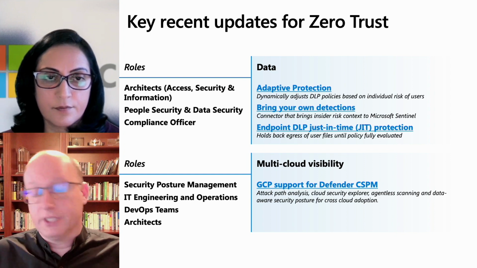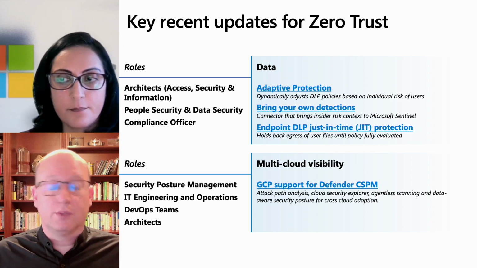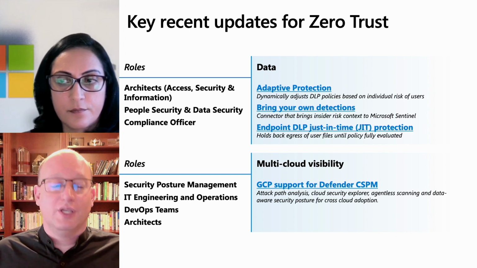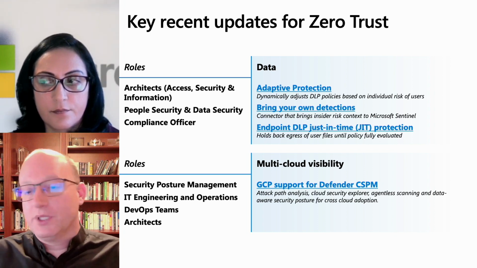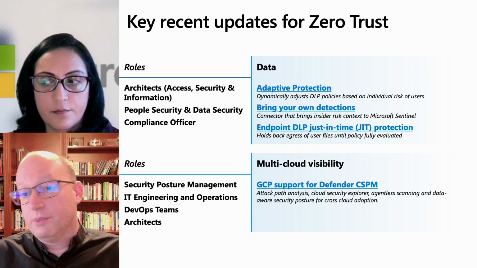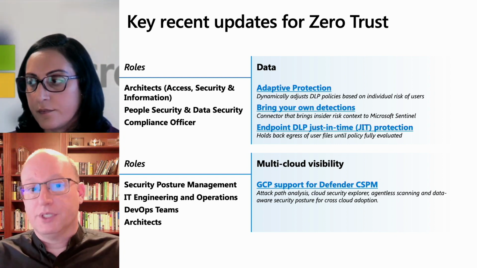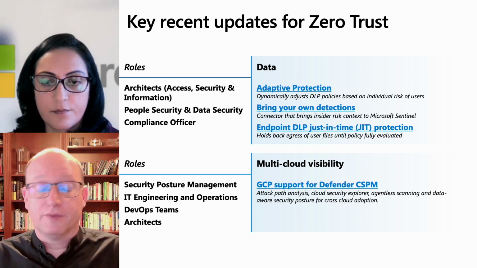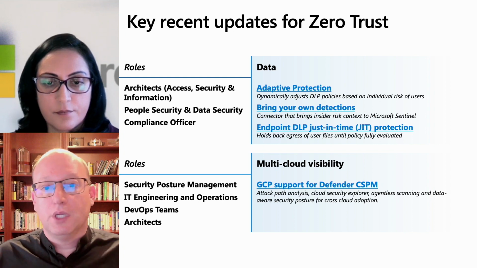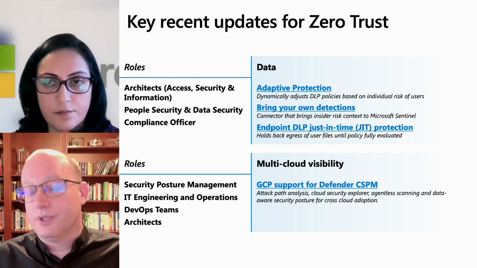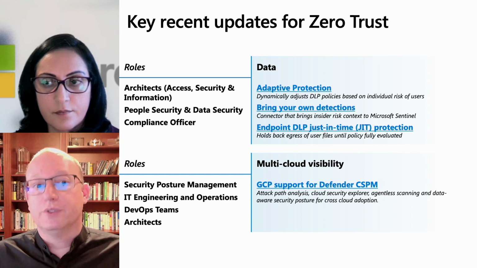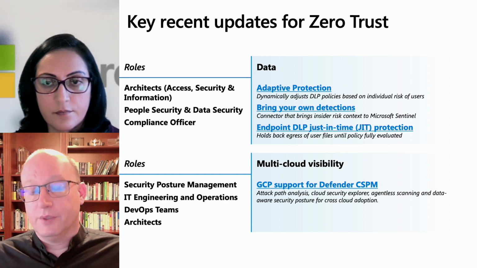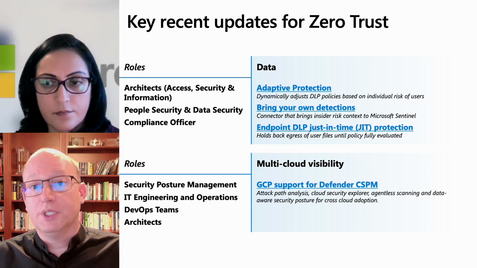And of course, the XDR, sometimes called Cloud Workload Protection Platform, or sometimes Cloud Native Application Protection Platform, because we've got lots of acronyms here. But it's really completing that story and having that three main cloud support in addition to the on-premises agents and other capabilities. So it's like a full hybrid of everything infrastructure. The visibility there is really important because it helps feed security operations, security posture management, and the teams that are actually fixing it, running the DevOps workloads, or the IT engineering and operations folks. So really important capability there.